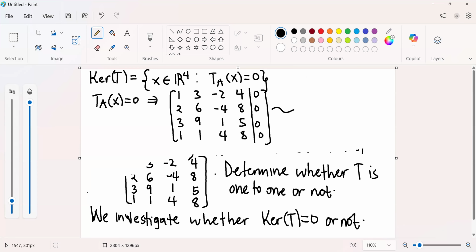Row reduction: we fix the first row, that is 1, 2, 3, 1.